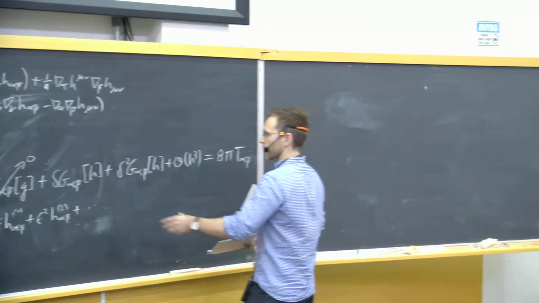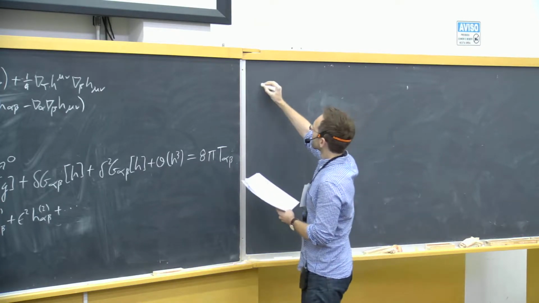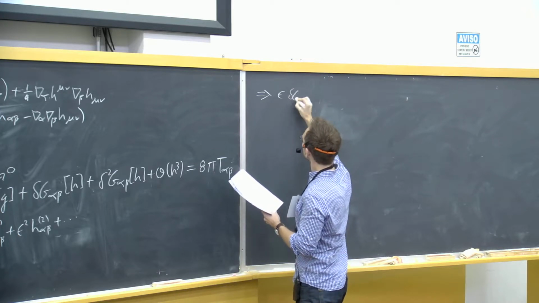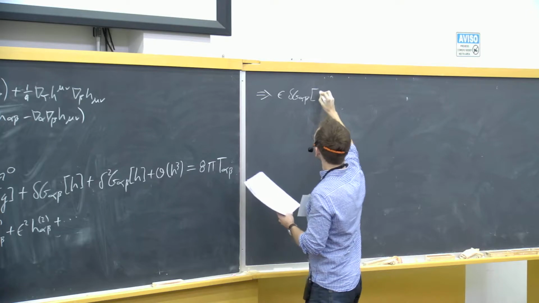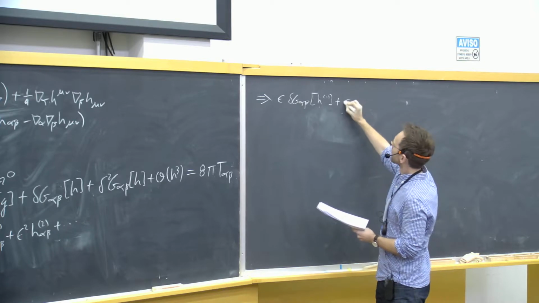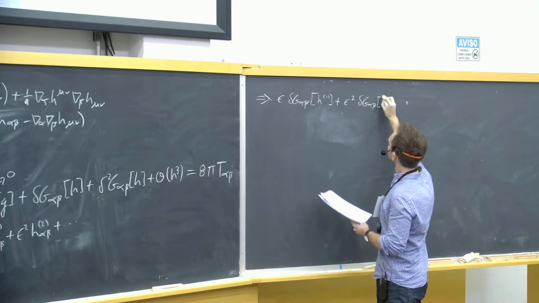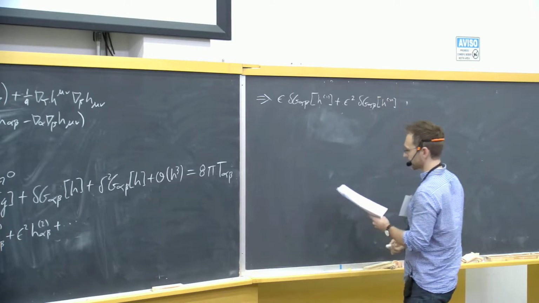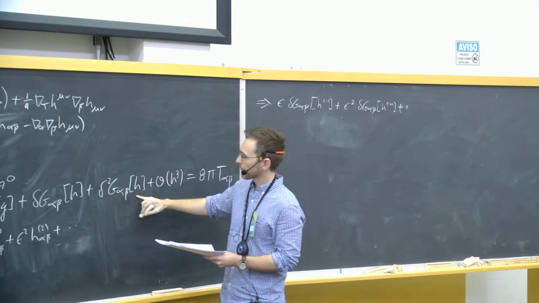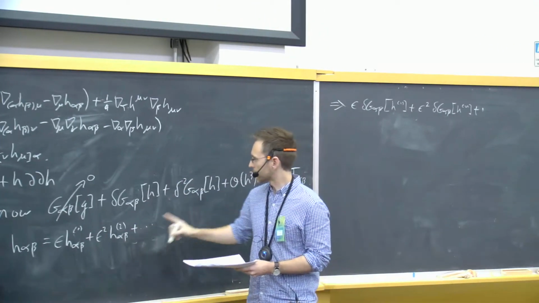So when we substitute this in here, we have a linear term that's linear in the first order metric perturbation. Then we have a linear term that's linear in the second order metric perturbation. Then we have this quadratic term, which is going to be just quadratic combinations of h1, because things involving h2 will be third order.